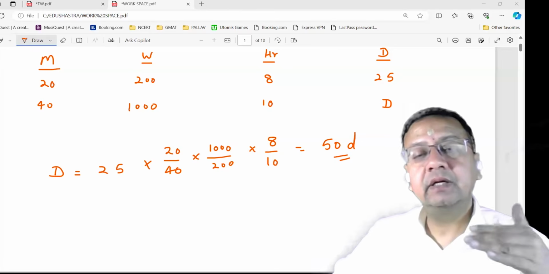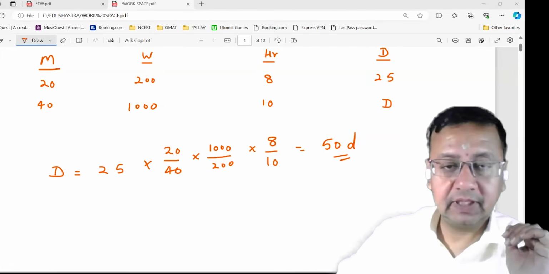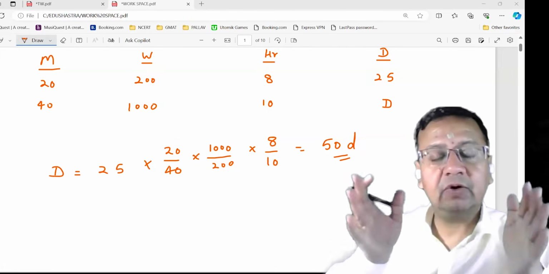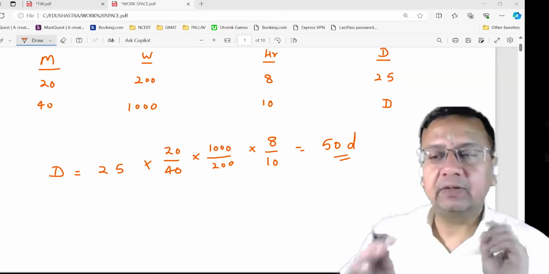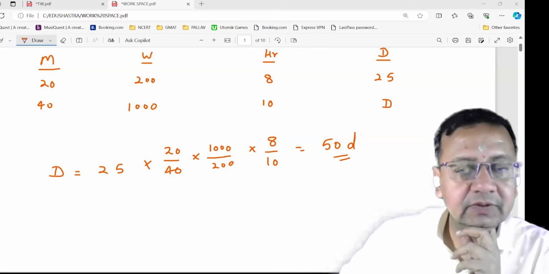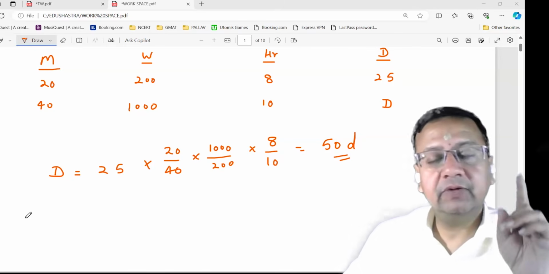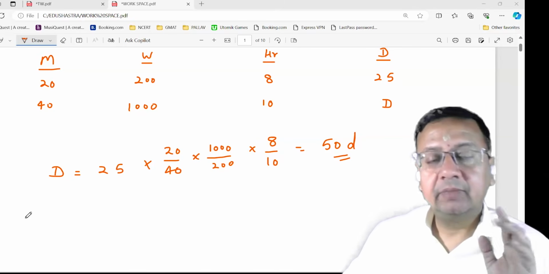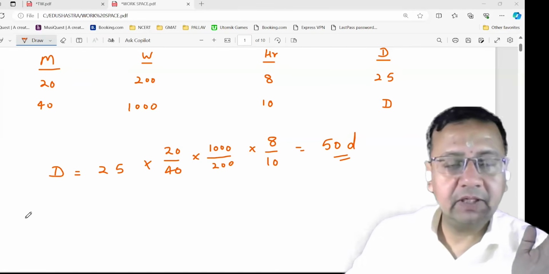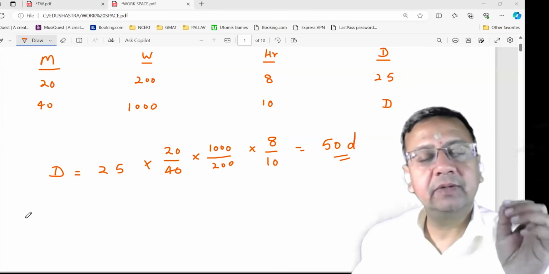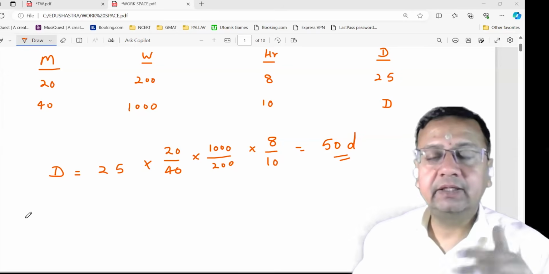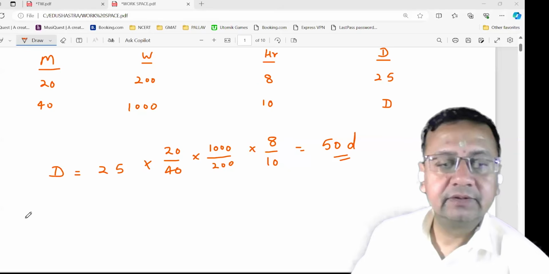We have increased the number of hours per day. So those effects will also be there in the overall calculation. Presently, you're taking only one variable. But when you take all the variables into consideration, the effect of each and every variable will be there to accommodate the increase or decrease.